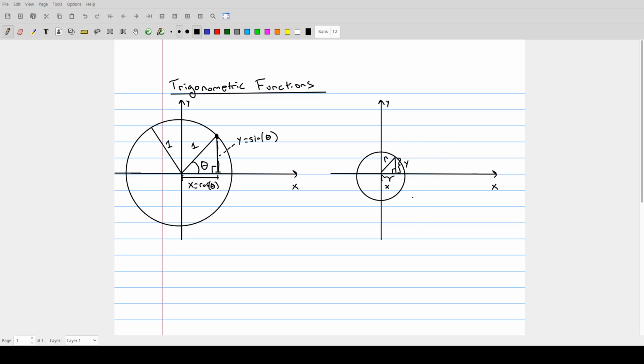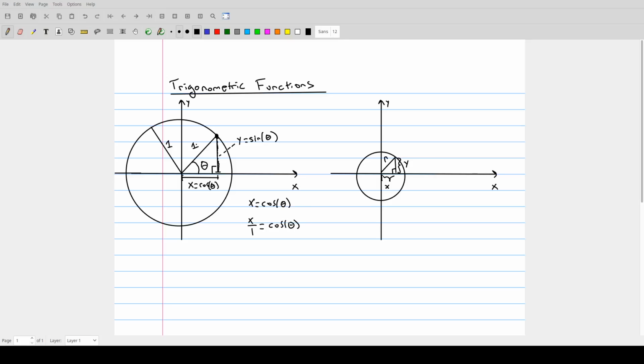For the unit circle, x over 1 is equal to cosine of theta.